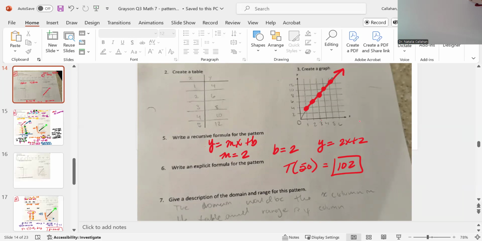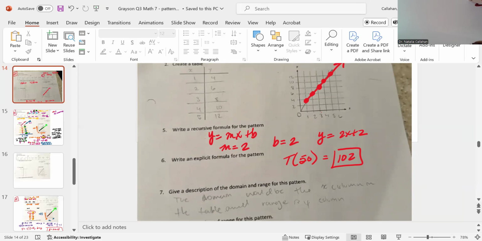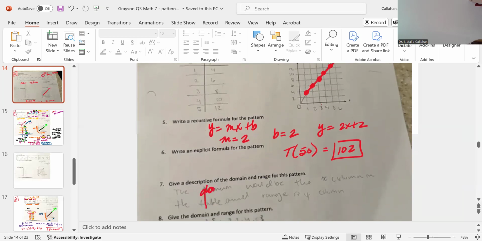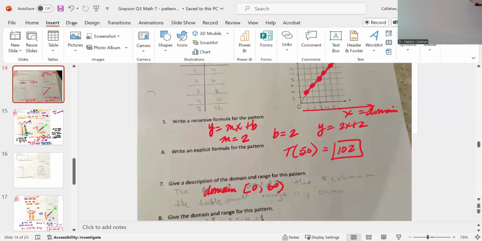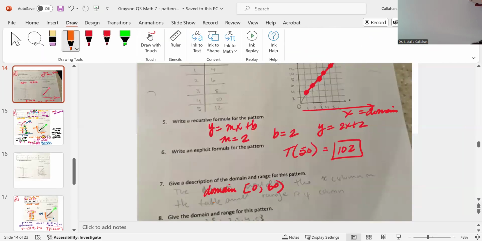So then when you look for your domain and range, remember your domain is going to be all the possible x values, which is going to be from left to right. This is x, the domain. So it's going to be 0 to positive infinity. Your range is going up and down, and it's also the y.